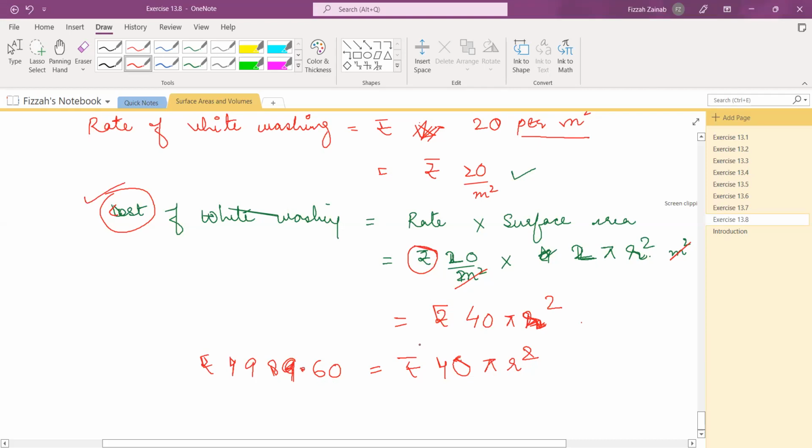So now you see this rupee will get cancelled out on both sides, because I want to find the value of my radius, right? No, but I think I should get 1 meter square here. Just a minute.